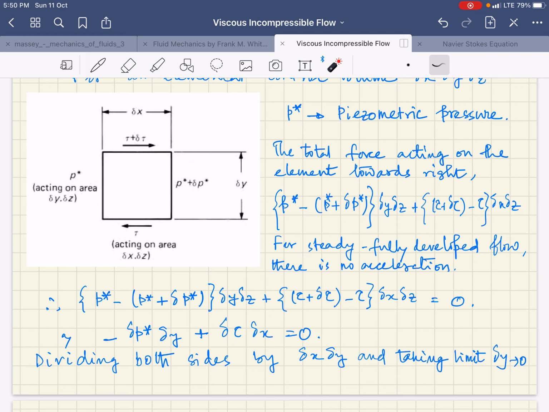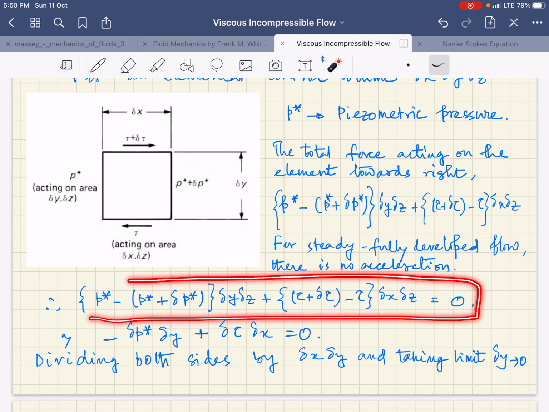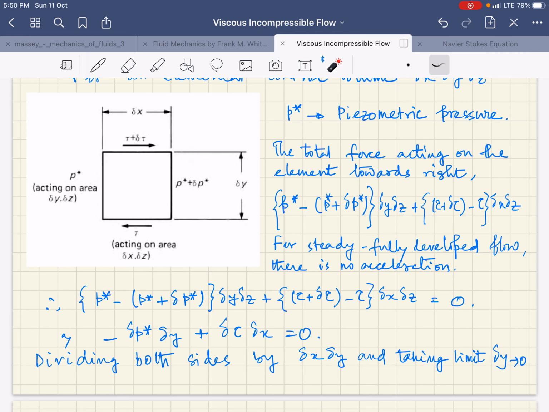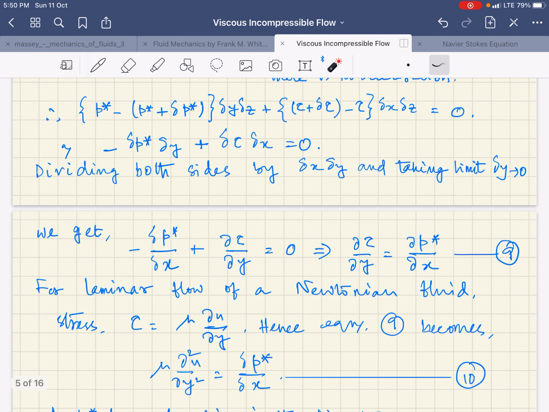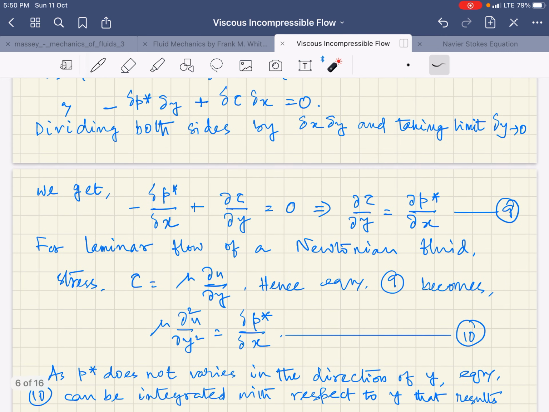So that is what is written here in this manner. I'm not going through each and every step. I think these are very straightforward to understand. So ultimately, this is the form you get.